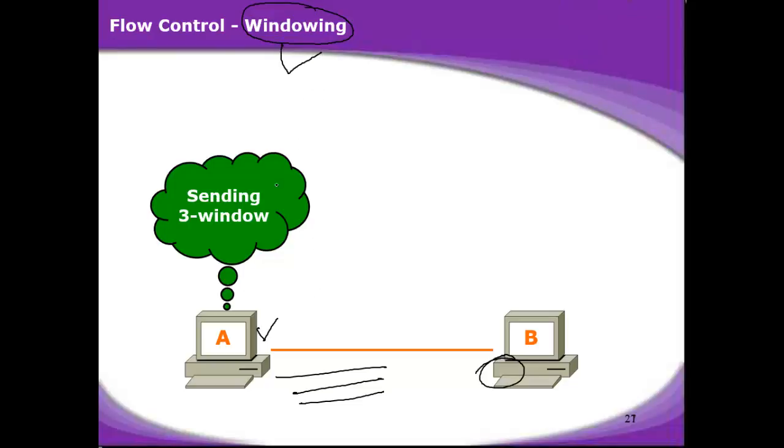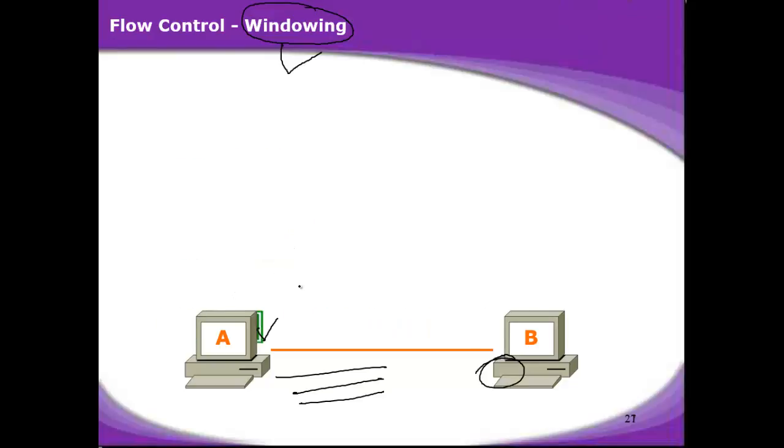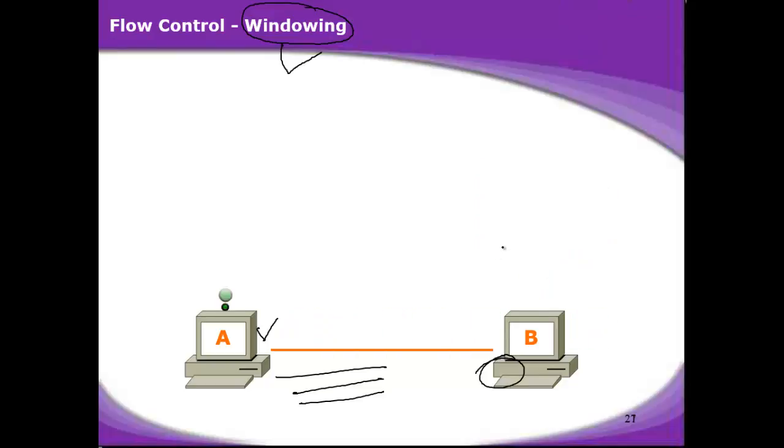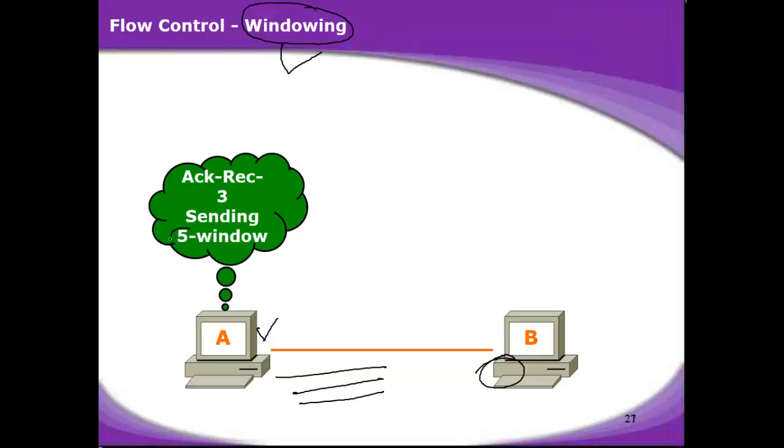Windowing is that the sender and receiver both negotiate before any transmission takes place how much data they can process. So for example, the sender sends a window size of 3. A window of 3 means in one window 3 segments are there. Then these 3 segments are sent to the destination and all 3 are received. That means a receiver can easily receive 3 segments. Now it is sending a window of 5, meaning 5 segments at a time.